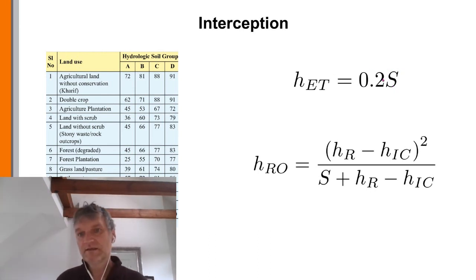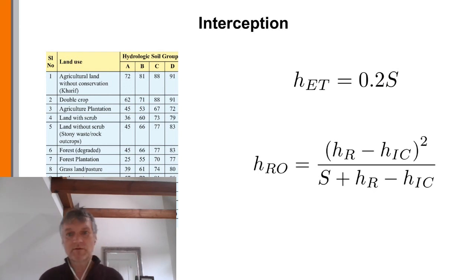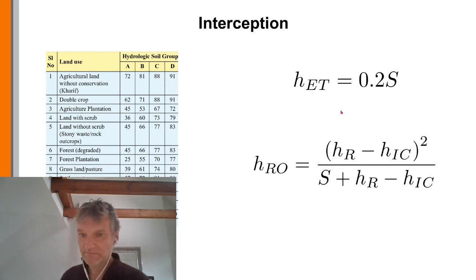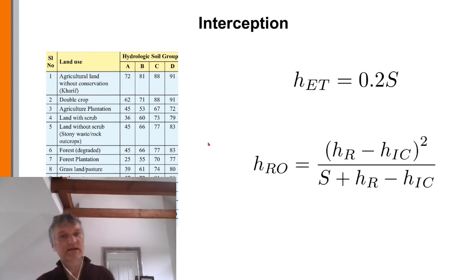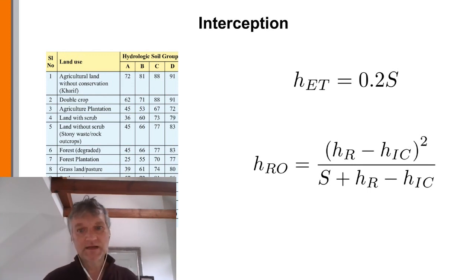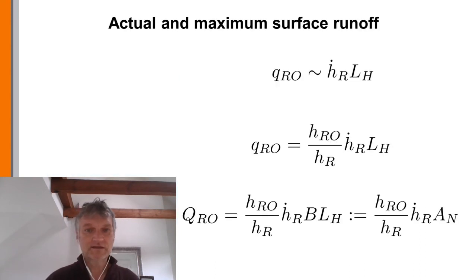This is found out from data, or from looking carefully at data, and therefore we now also have the interception height. This is not evapotranspiration, it is interception here. We can get this from this formula. And when we introduce this interception rate here, then we get again the surface runoff. When we know this S parameter, everything is done. So that's the idea behind it, and now we have to make some exercises to really understand it.